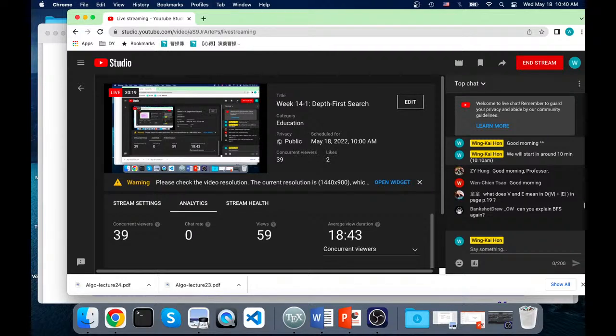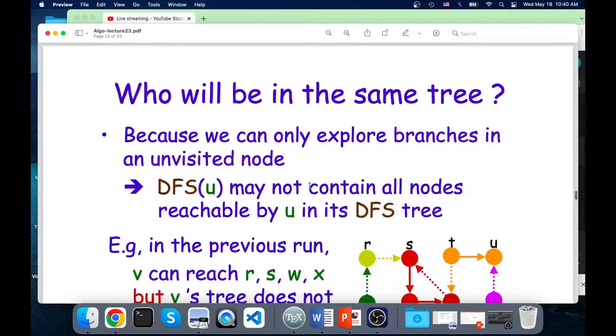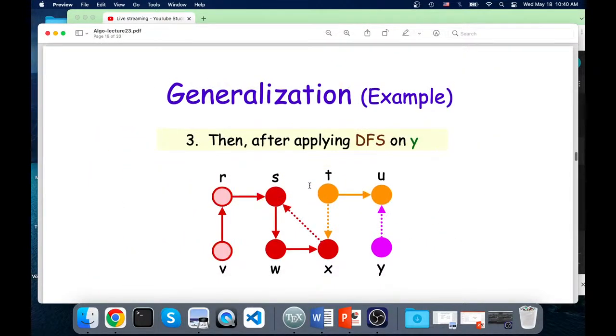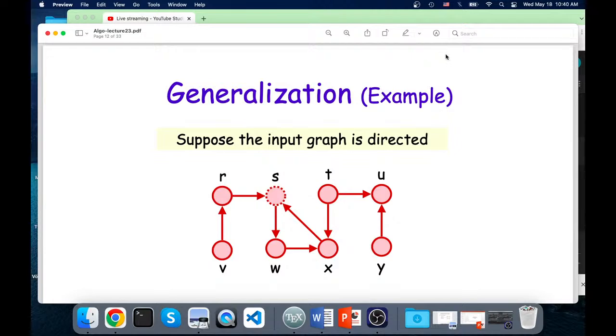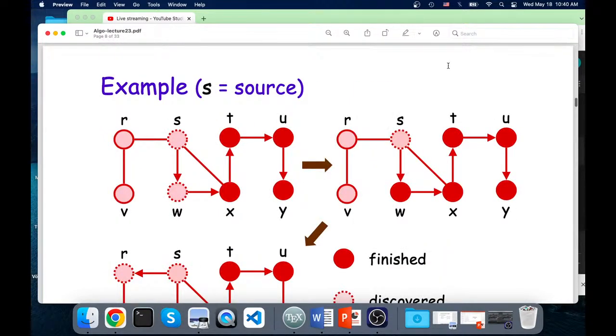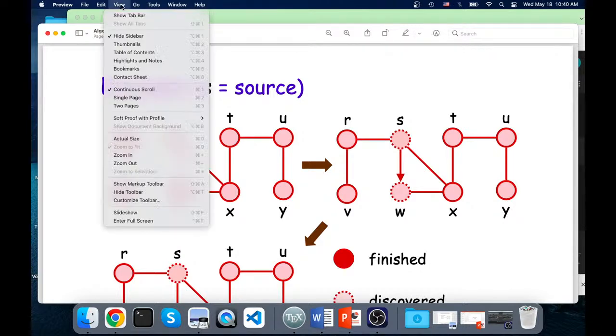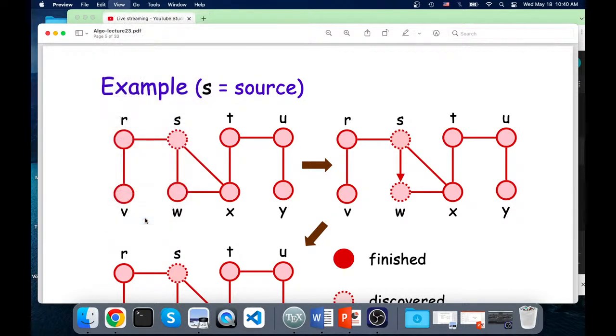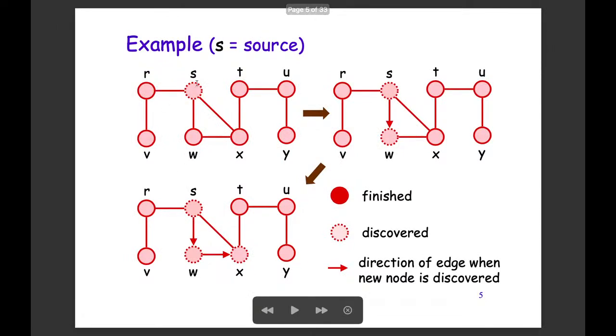Okay, so how about BFS? So what is BFS? BFS is a different searching algorithm, and we can use a certain graph as our example. So BFS will do what?